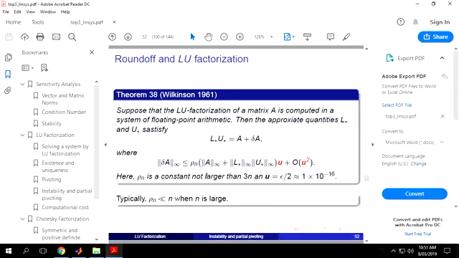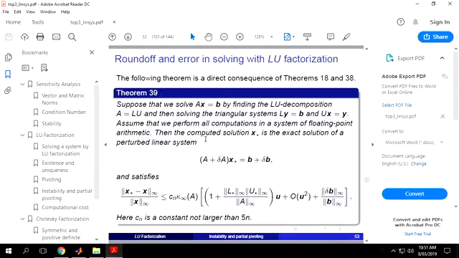Then the relative error in the vector x is controlled by this quantity. So here the condition number is still very small, okay? But this quantity can be very big. It depends on the matrix L and the matrix U, okay?